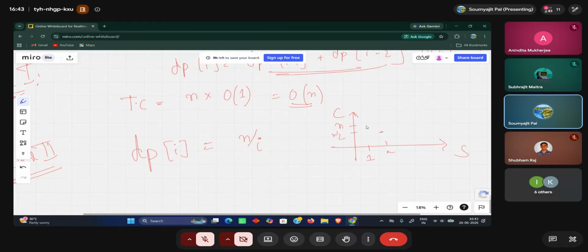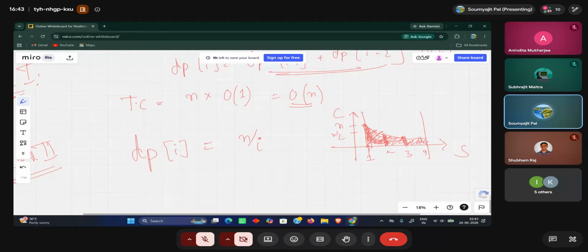So every one has a different transition cost, and in this case my total time complexity would be the area under this curve, which cannot be found using any simple formula. So basically we are summing all the individual transition costs here.